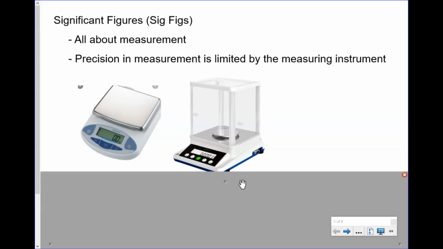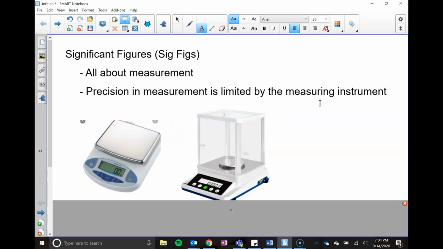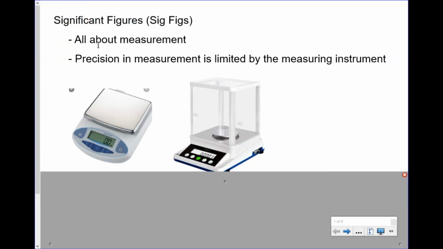If you notice the image on the left, this balance only measures to the tenth of a gram, so it's going to be 0.6 or whatever that might be.